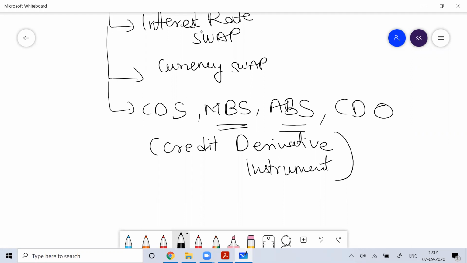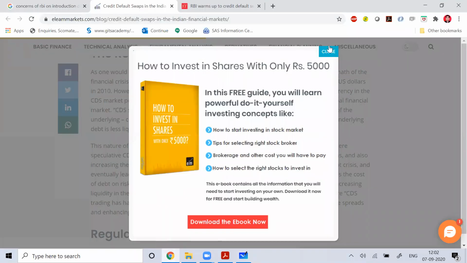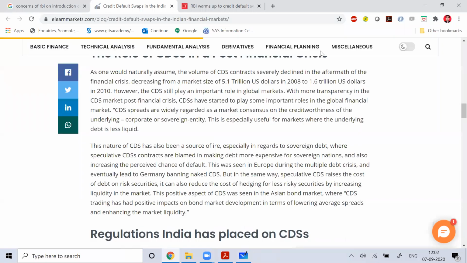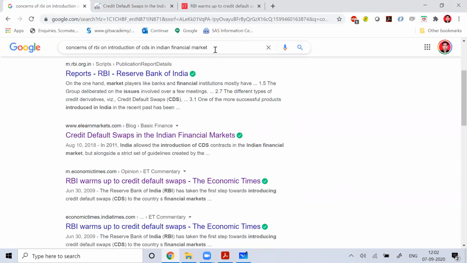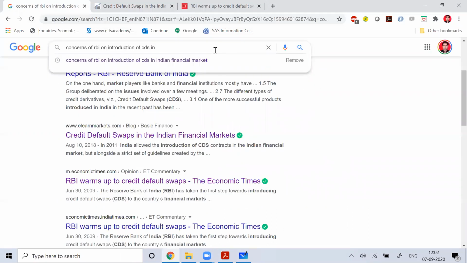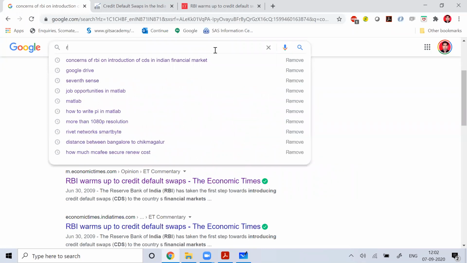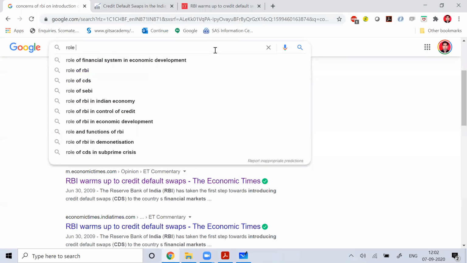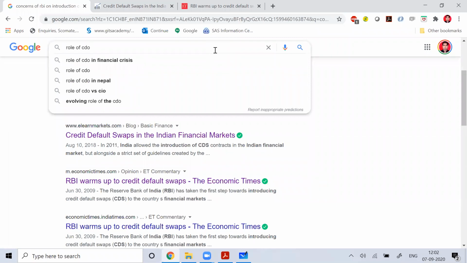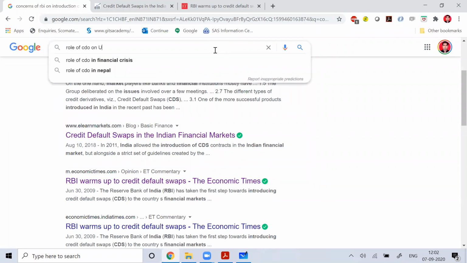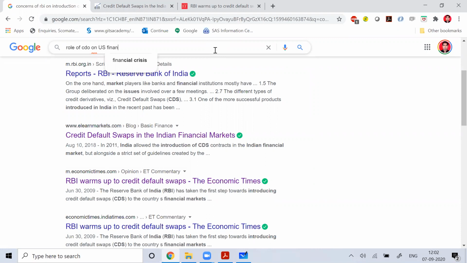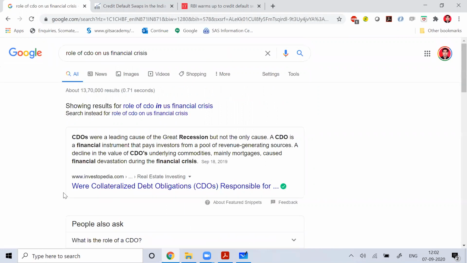What is a CDO? If you read about them, you'll understand a lot about the financial market, the role of CDOs in the US financial crisis.